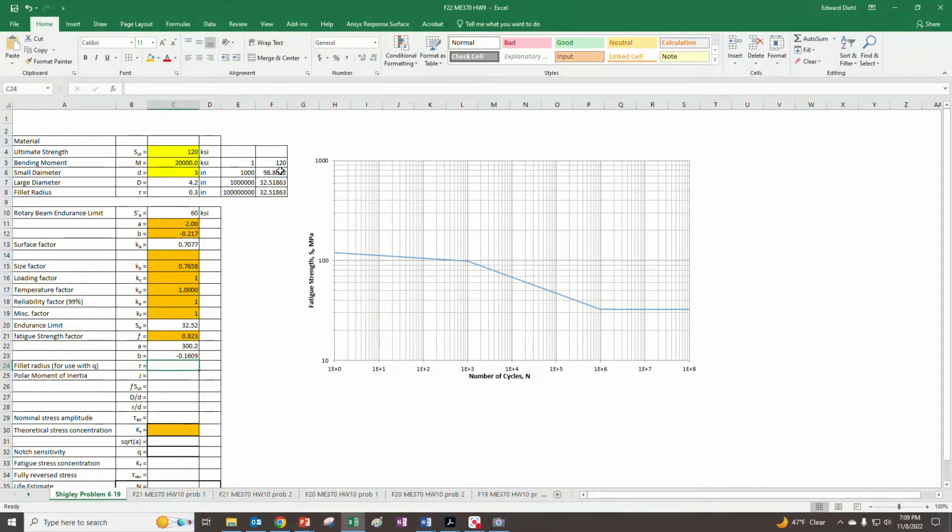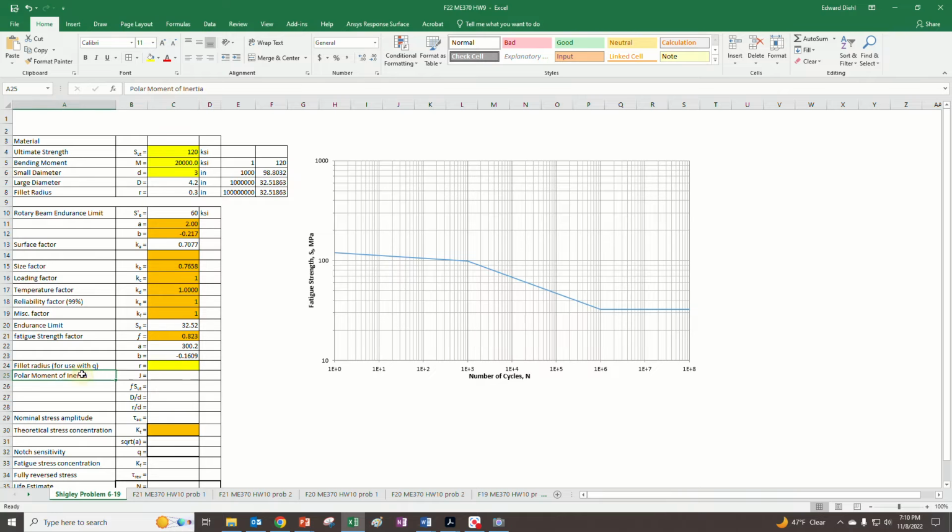And I already had this arranged up here, so it would show what the fatigue S-N diagram will look like based on these values right here. I have little if-then statements and that kind of thing to show up. Fillet radius for use here. So this is actually maybe something we want to make as an input.